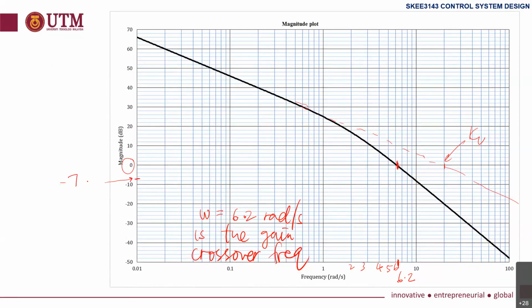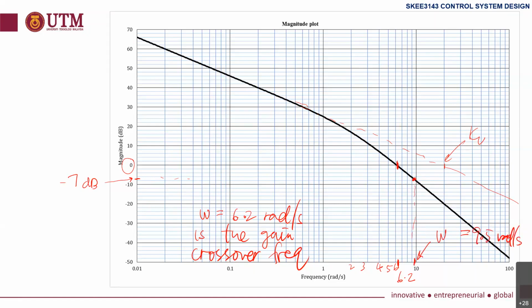It's about here, maybe here. This is minus 7 dB. And it is about between 9 and 10 radian per second. So perhaps we can take omega here as 9.5 in between.